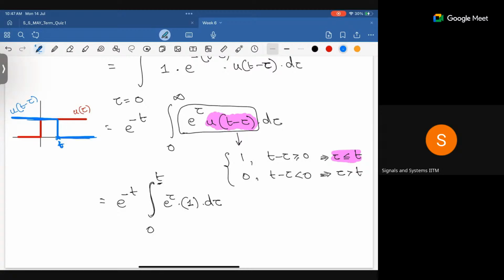I just have to integrate from 0 to t. And yes, this t should be greater than 0. If t is less than 0, the whole integral will become 0. So this is when t is greater than 0, and when t is less than 0, this whole integral will become 0.